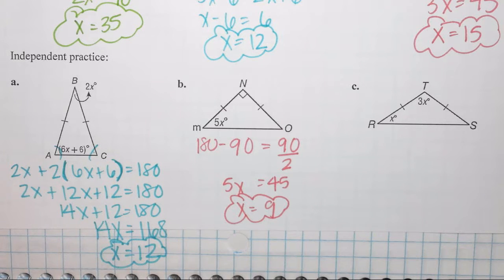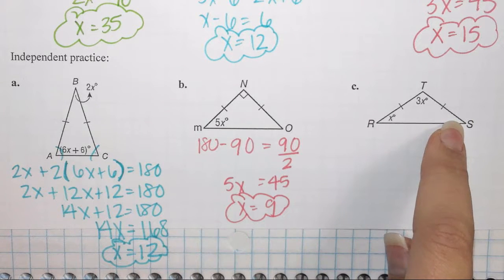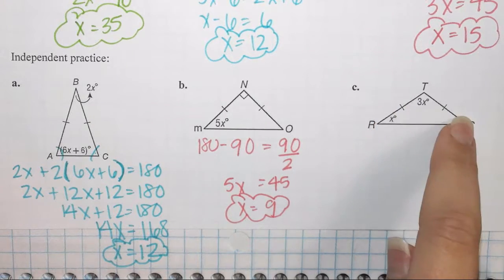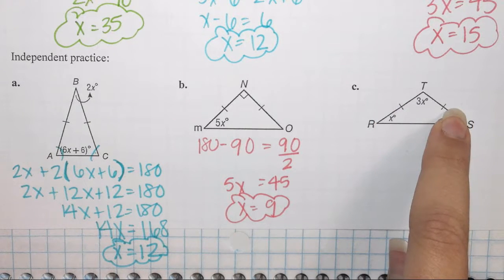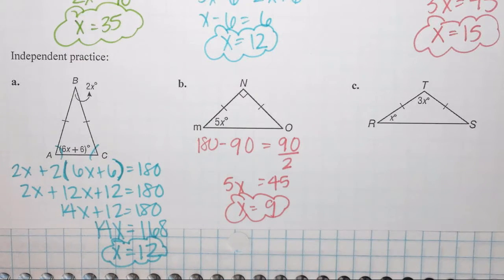Well, what's that other angle equal to? No. The sum of the triangle is 180. What's this other angle over here? What do those tick marks mean? So if this is x, what is that? Then add everything up that's in the triangle and set it equal to.